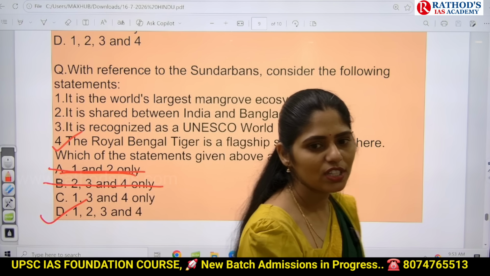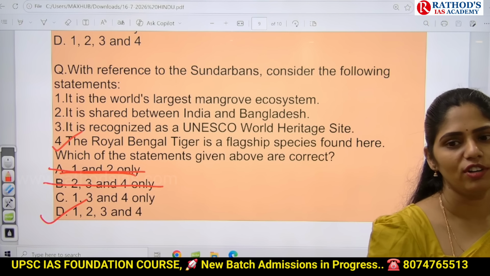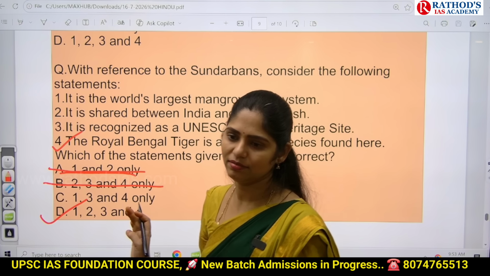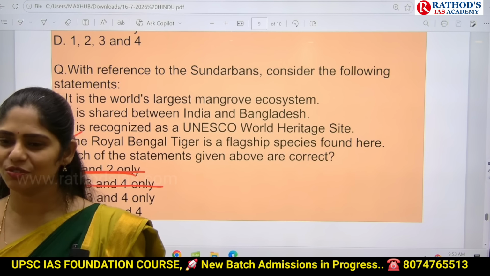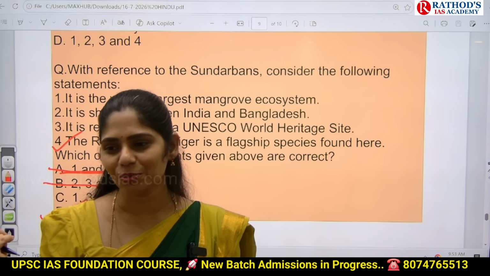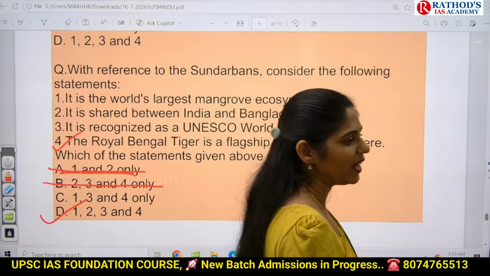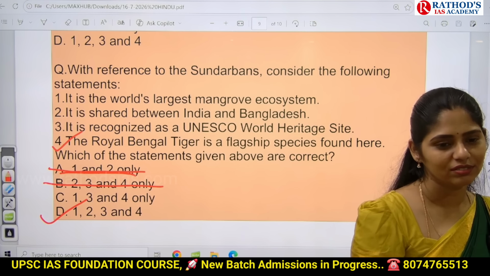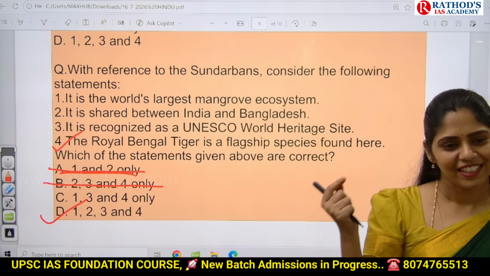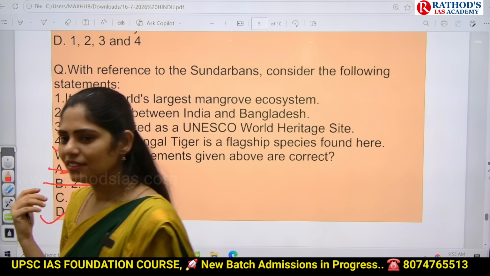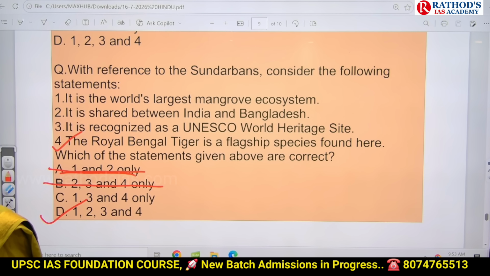Okay. So in this way, strategically try to solve your prelims based questions. Don't go randomly. Don't think that if this one goes, nothing will happen to me. Don't get into that mindset. Even if you are keeping one question intentionally wrong, sometimes that one wrong answer can make your name go out of the list.